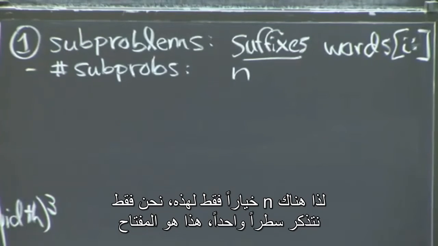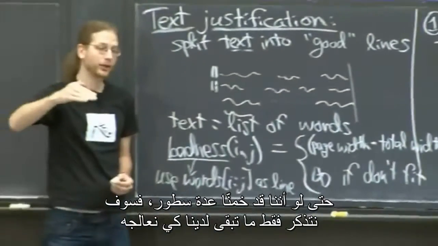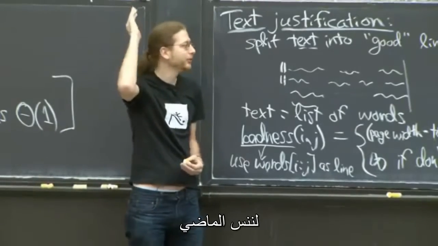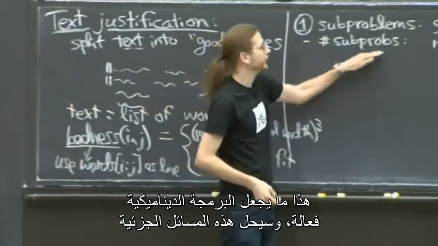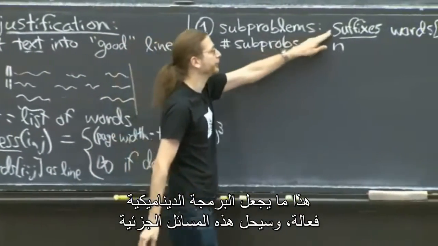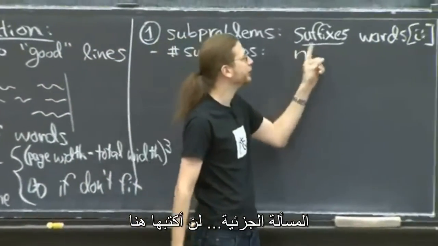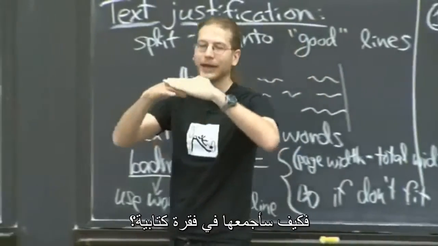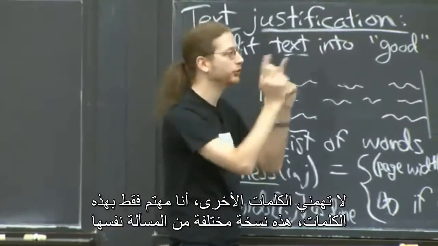We're only remembering one line. This is the key. Even though we may have already guessed several lines, we're just going to remember, OK, this is what we have left to do. So let's forget about the past. This is what makes dynamic programming efficient. And I'm just going to solve these subproblems, forgetting about the past. So the subproblem, I'm not going to write it here, is if I give you these words, never mind the other words, how do I pack them optimally into a paragraph? I don't care about the other words, just these words.